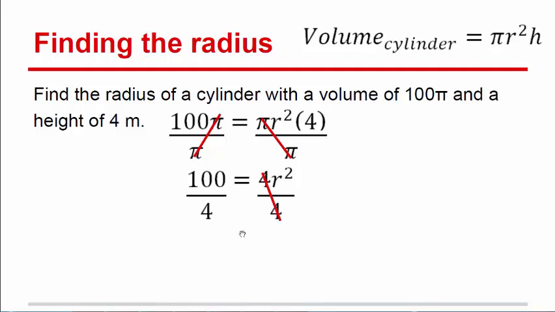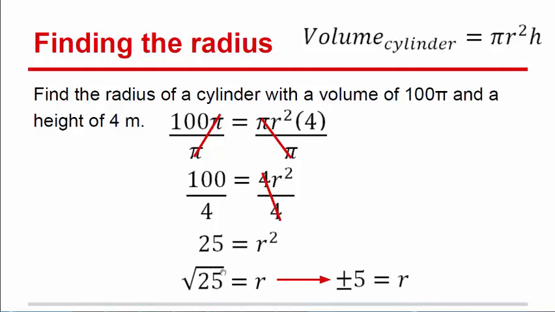In doing that, the 4's cancel out, leaving me with 100 divided by 4. Well, that's 25. So 25 equals r squared. R is being squared, so we want to take the square root of both sides. By taking the square roots of both sides, we're left with r equals the square root of 25. 25 is a perfect square. So we're left with plus and minus 5.